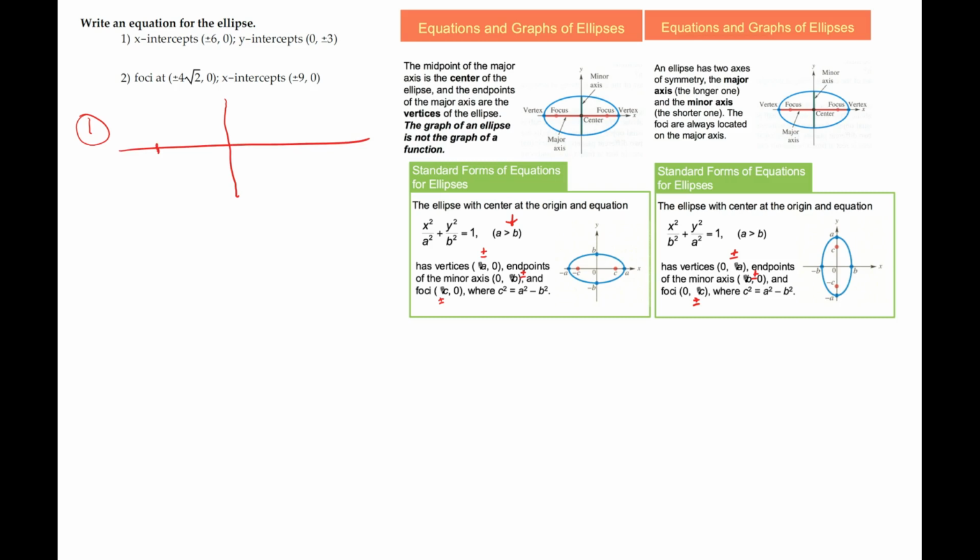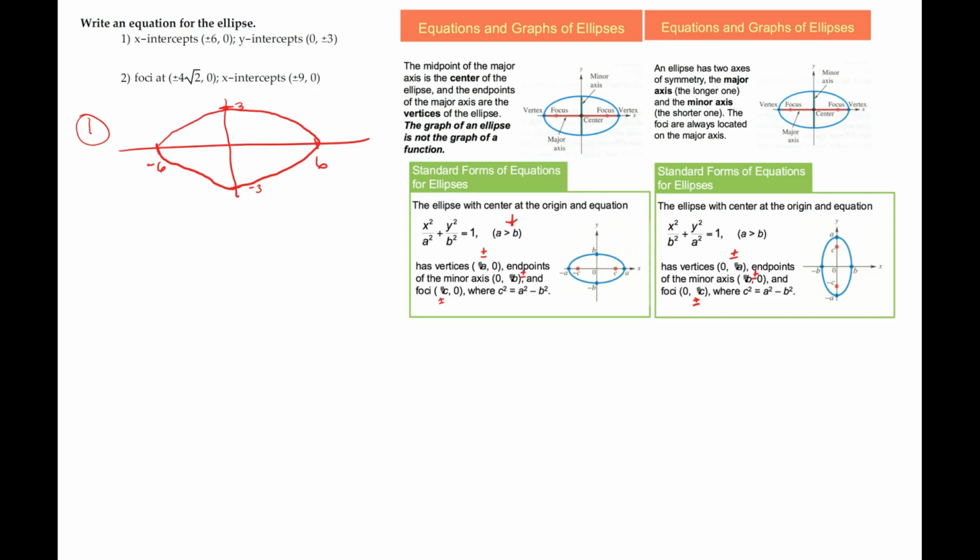Maybe here and here, that looks a little bit better. And then y-intercepts of plus and minus 3. So let's just say that's here and that's here, -3 and +3. And so we'd have an ellipse that looks like this, because it'd have to touch point to point. We'd have to connect it like this.